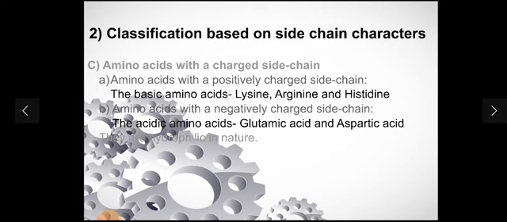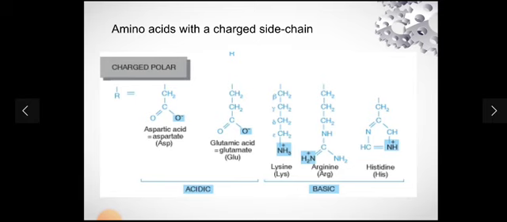They are positively charged, and then they are basic. Now, the amino acids with negative charge, we say they are acidic. We have glutamic and aspartic acids. All these ones are negatively charged, and these are their structures.